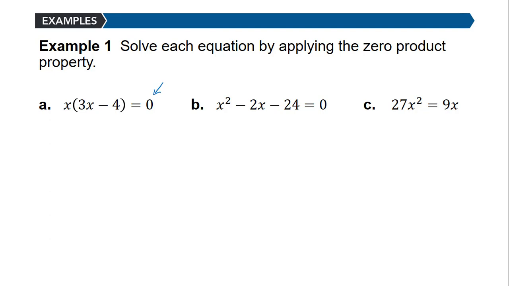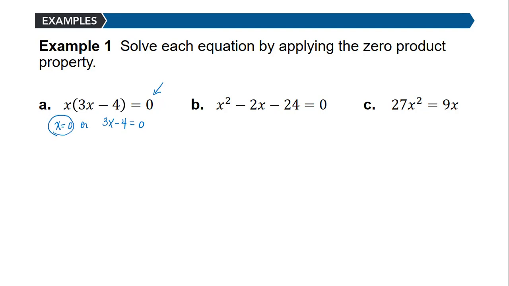The next step said that we needed to factor the polynomial. Notice that x times 3x minus 4 is already written in factored form. That is a product. If I multiply that out, I would actually undo what I need to solve this equation. So we already have this in the form of a product equal to 0. Therefore, to solve this equation, either x has to be 0 or 3x minus 4 must be 0. So one solution is 0.